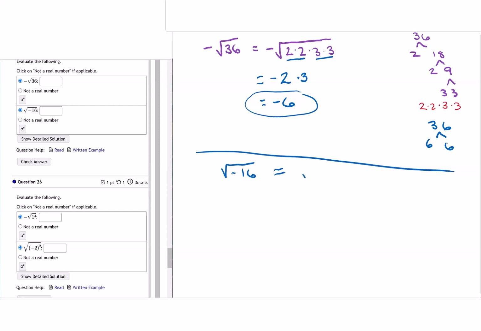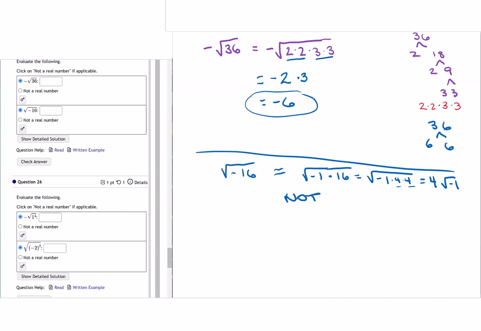I would have the square root of negative 1 times 16, which is equal to the square root of negative 1 times 4, which is equal to 4, because I have 2 4s, times the square root of negative 1. Well, there's not a number that if I multiply it by itself will give me negative 1. 1 times 1 is 1. Negative 1 times negative 1 is 1. This is not a real number.